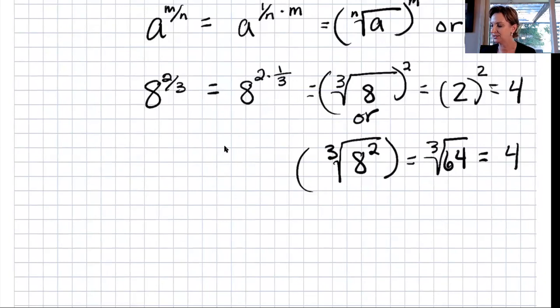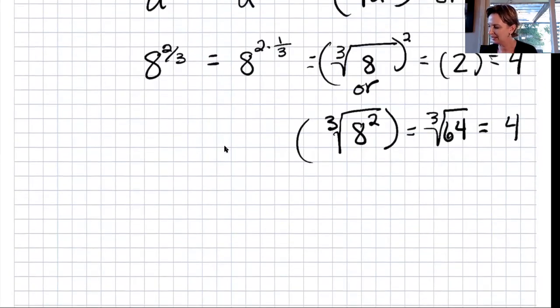Okay, all right, so now we have everything that we need for today. Let's combine some of this stuff into some problems. Oh, one more thing. Let's just throw one more thing out there, just to remind ourselves that we also have negative exponents. So now we have a negative fractional exponent.